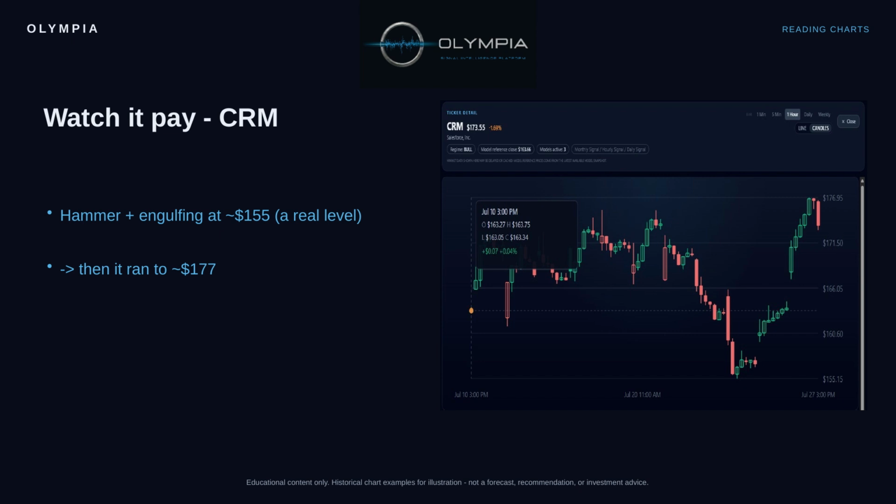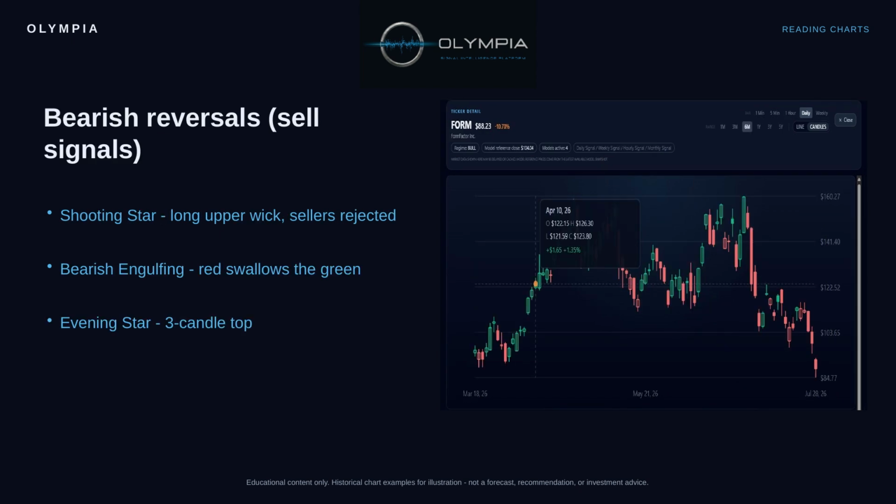Those bullish reversals I just showed you fired right at the 155 level, a spot that mattered. And from there, it ran about $179. I'm not giving you a made-up win rate. I'm showing you the chart. The setup showed up at a level, and the move followed. That's the whole point.